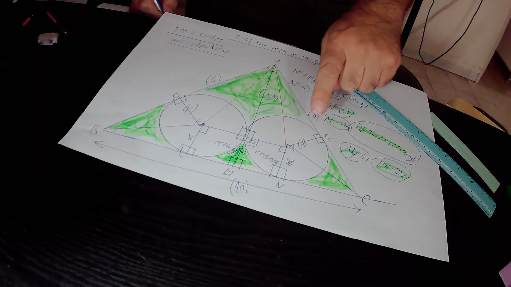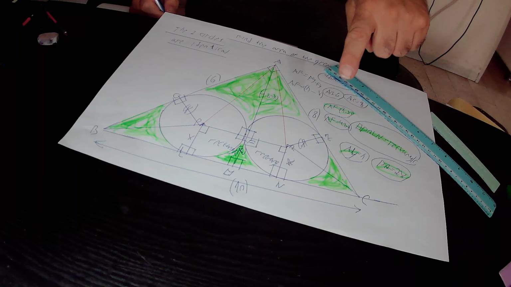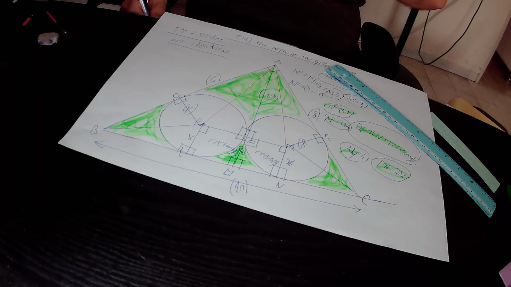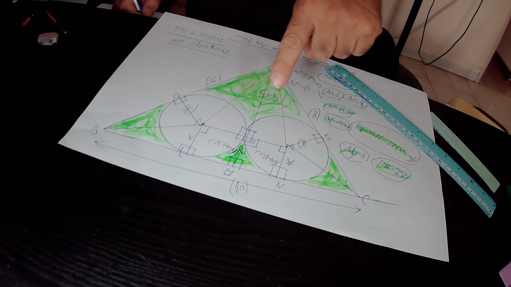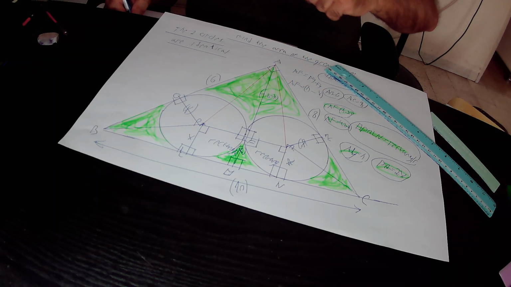plus the fourth shape that this triangle ABC consists of, is actually this triangle QNC, plus the fifth shape that triangle ABC consists of, is actually this rectangle PQLN.